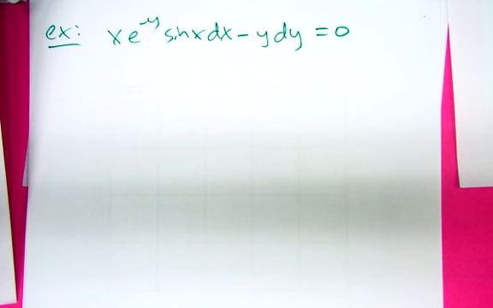Is this going to be homogeneous? Is this exact? Those are the only three that we have left before the exam. Right now, since all we've talked about is separation of variables, that means there must be a way to separate variables here.